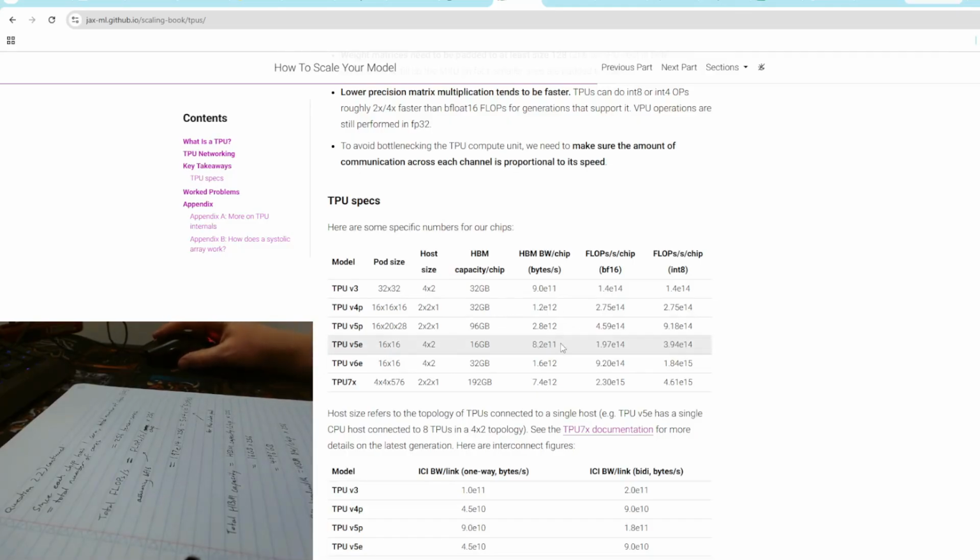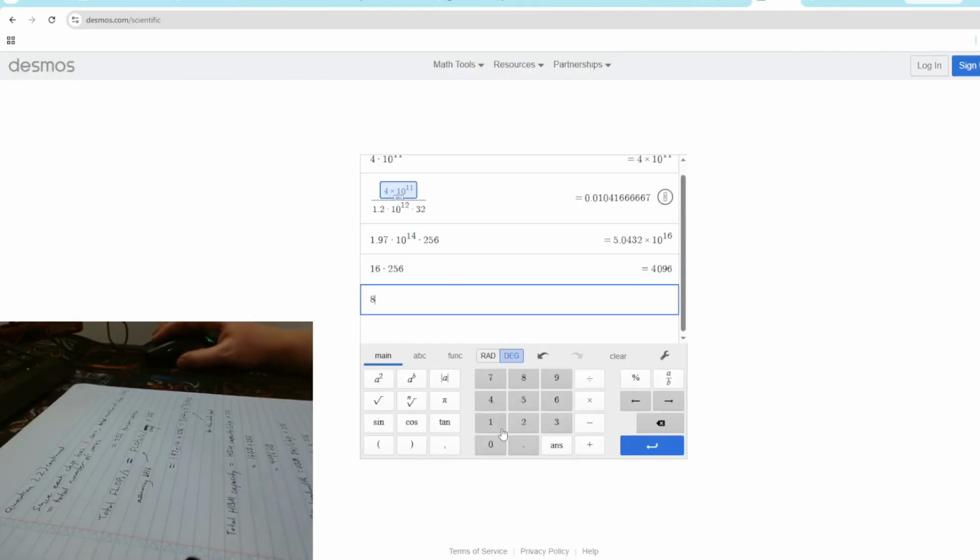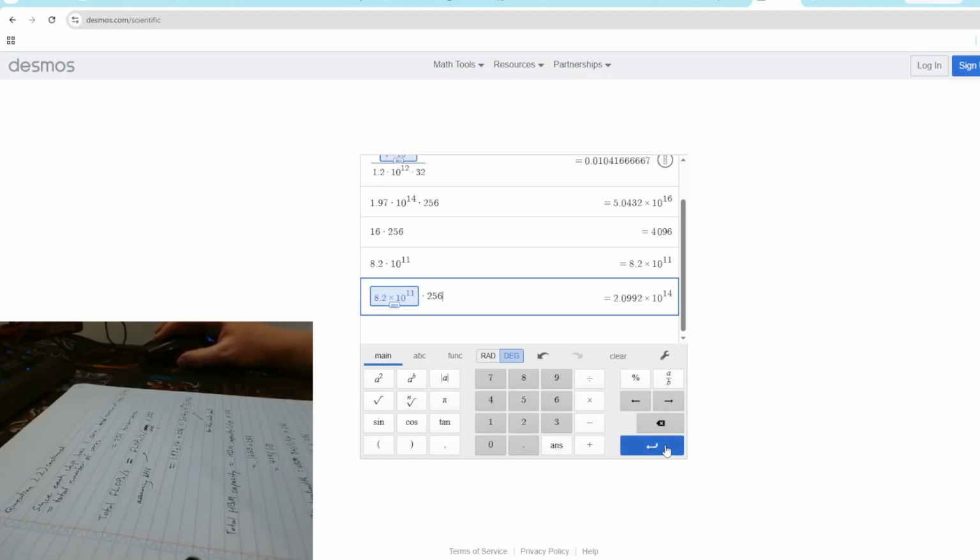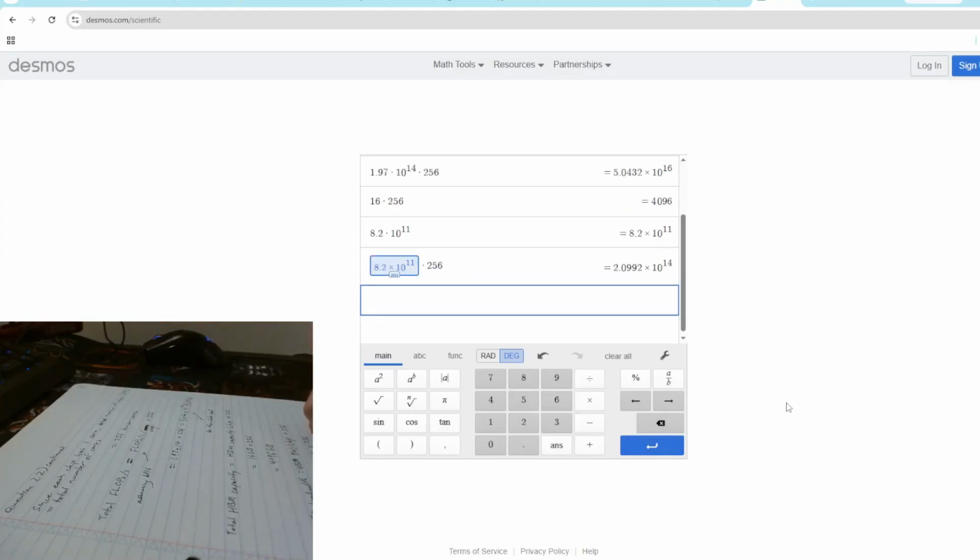HBM bandwidth per chip is 8.2E11 times 256, which equals 8.2 times 10 to the 11 times 256, which is 2.1E14.